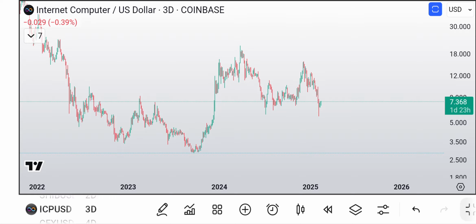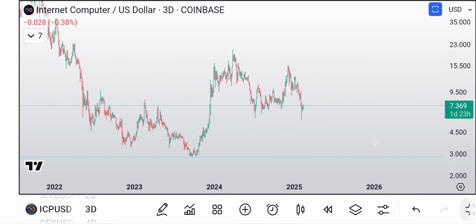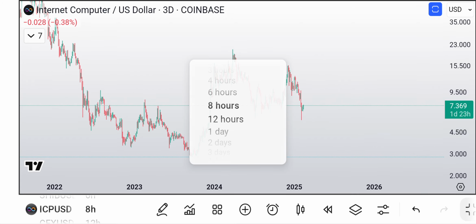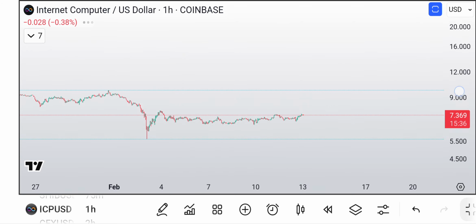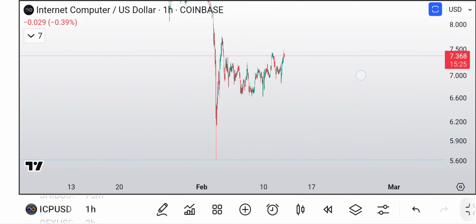But sometimes it's not so easy, you know? But yeah, I like the way it's shaped. It's a nice shape. So if I zoom in, same thing. It's sort of just consolidating, working itself out. So we'll see how it plays out.